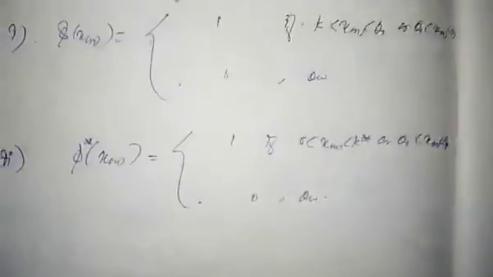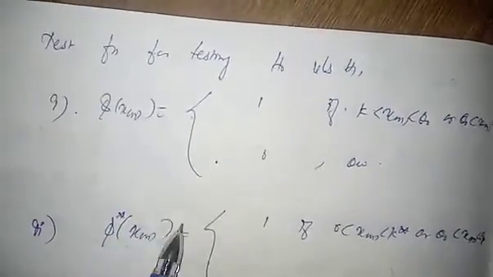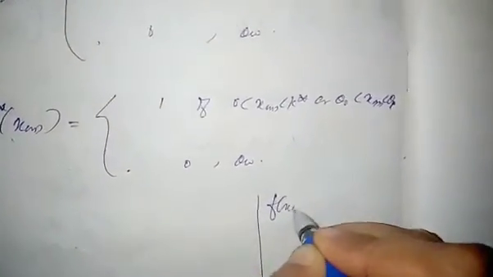And here also we have to obtain the size of the test for phi of xn, and also the size of the test for phi star of xn, and also find the power of the test in both cases, both test functions, and also obtain the k and k star values. Here also we are using f of xn.